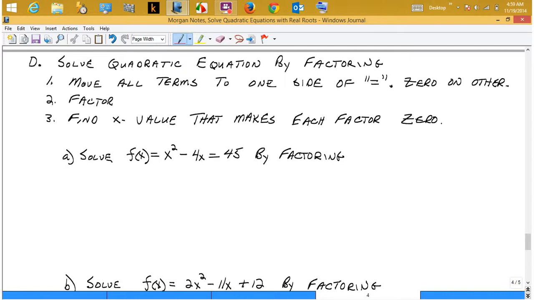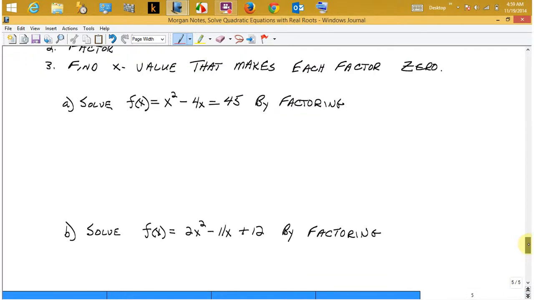Then we're going to factor it, and we're going to find the x value that makes each factor go to 0. Okay, so here's an example. We have x squared minus 4x equal to 45.